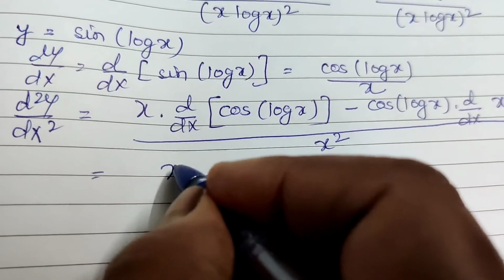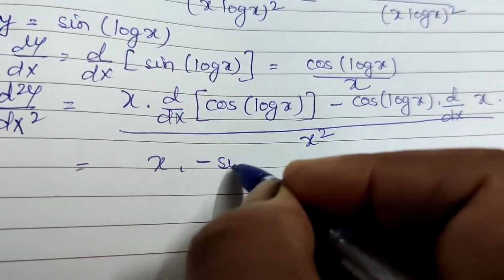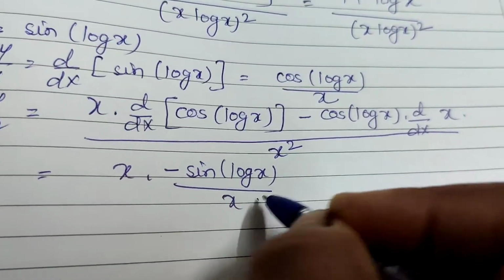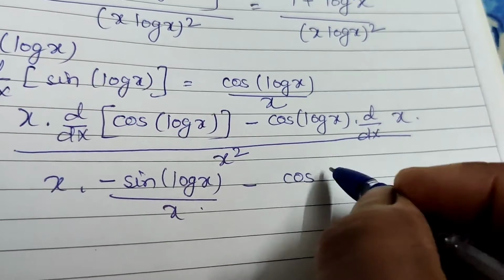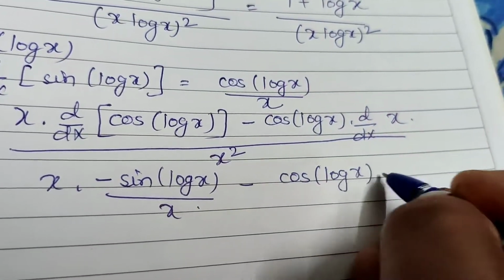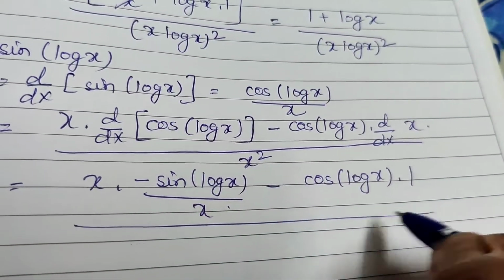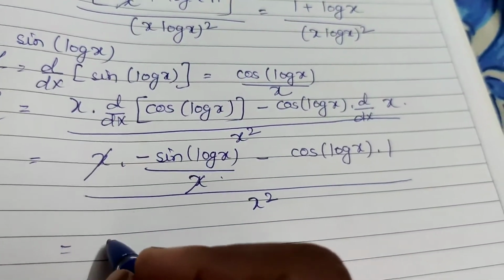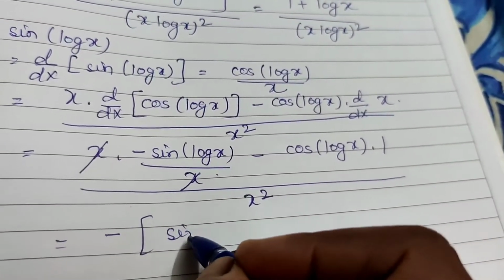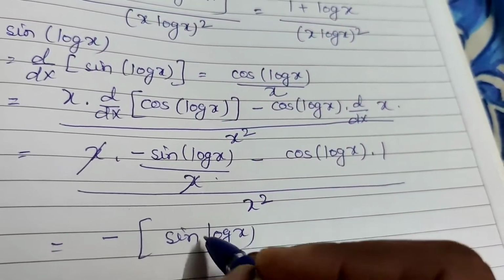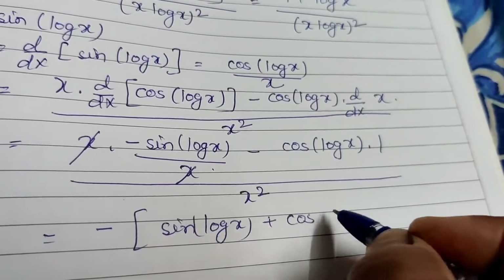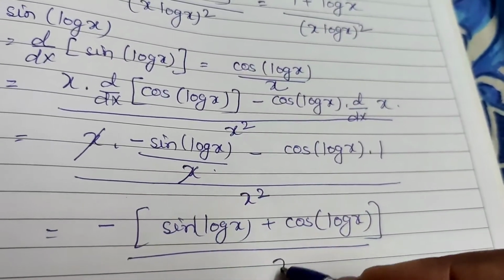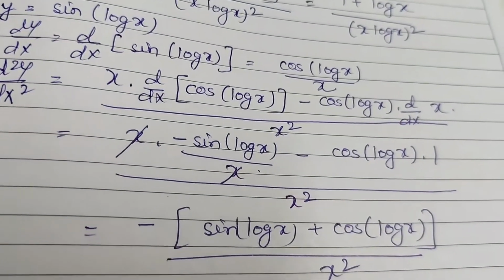It is equal to x times differentiation of cos log x, which is minus sine log x upon x, minus cos log x, and differentiation of x is 1, and whole divided by x square. X cancel, take minus common: minus sine log x plus cos log x upon x square. This is the answer of question number 10.